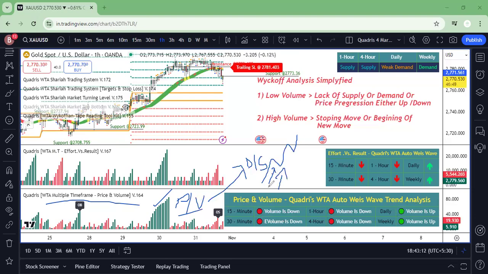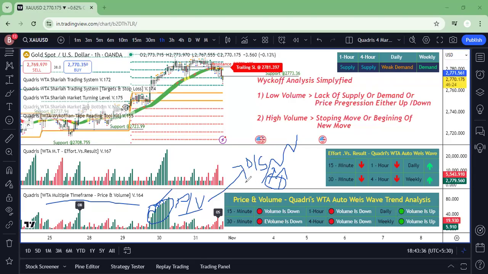He combined both and came up with a graphical representation in the form of a histogram, normally visible as pyramids or triangles, representing cumulative volume.